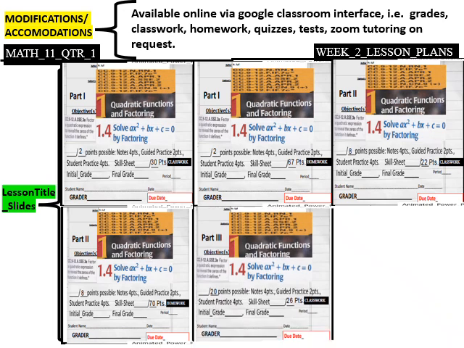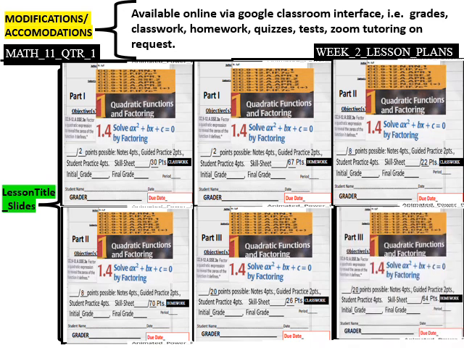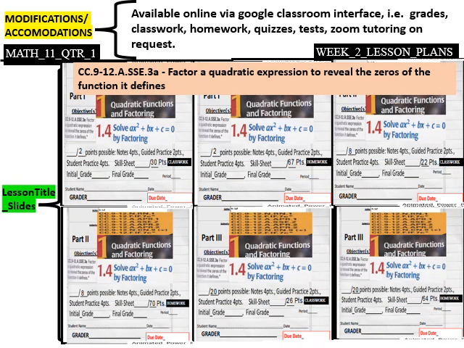Then we go to part 3 here, 1.4 classwork, 26 points, 20 points of note taking for part 3 classwork. And then homework here, 64 points, and 20 points of note taking for the homework for part 3 of 1.4, solve ax squared plus bx plus c equals 0 by factoring.